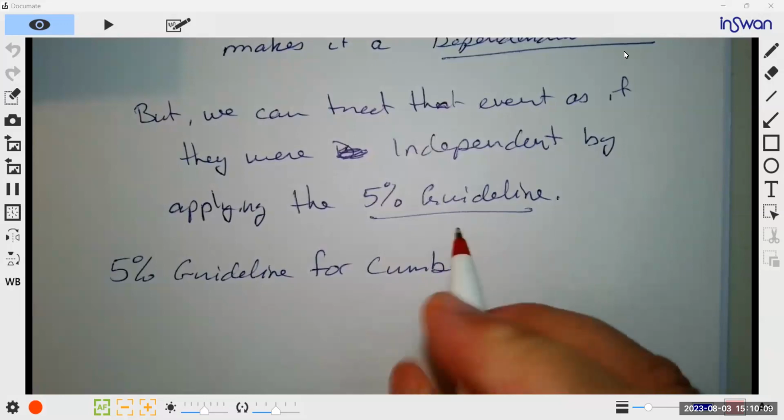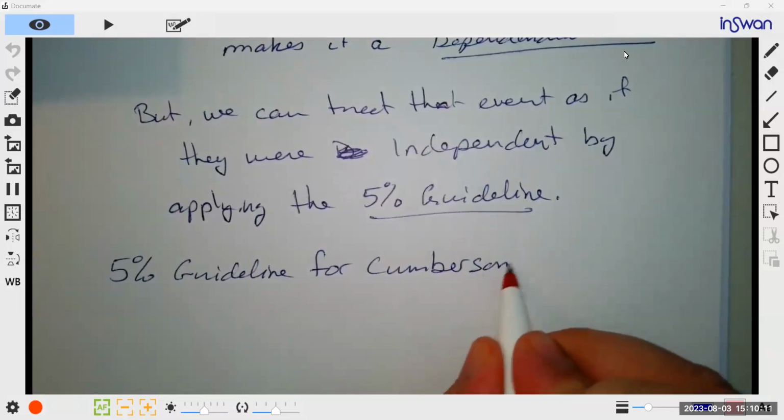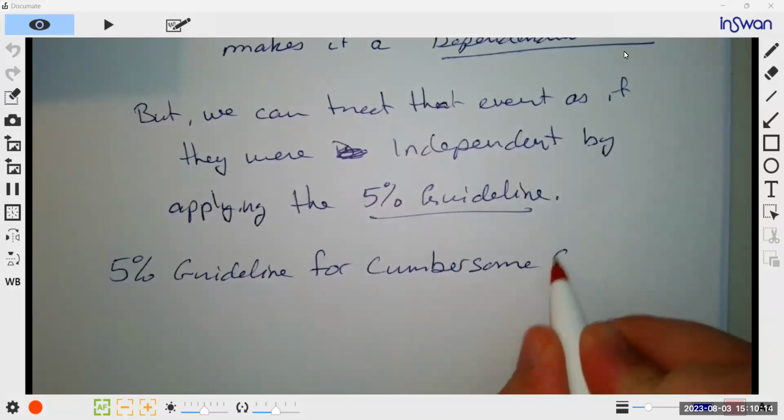And here it is, the 5% guideline for cumbersome calculations.